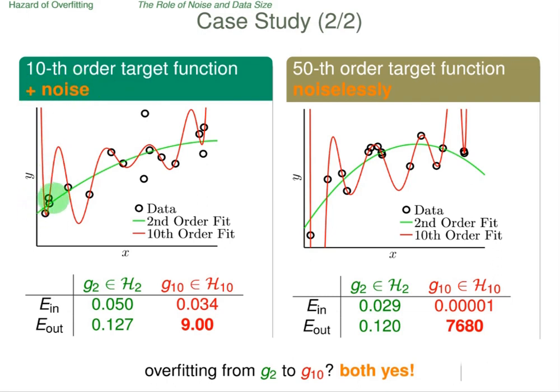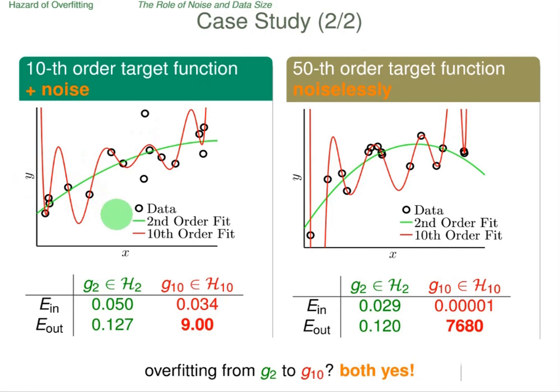And we see here in the orange curve, it is a second order fit. So the second order fit looks restricted. Similarly here, we take the 10th order polynomial and try to fit the data that has been generated by the 50th order target function, which we said is noiseless. And similarly, we fit a second order polynomial on those data points.